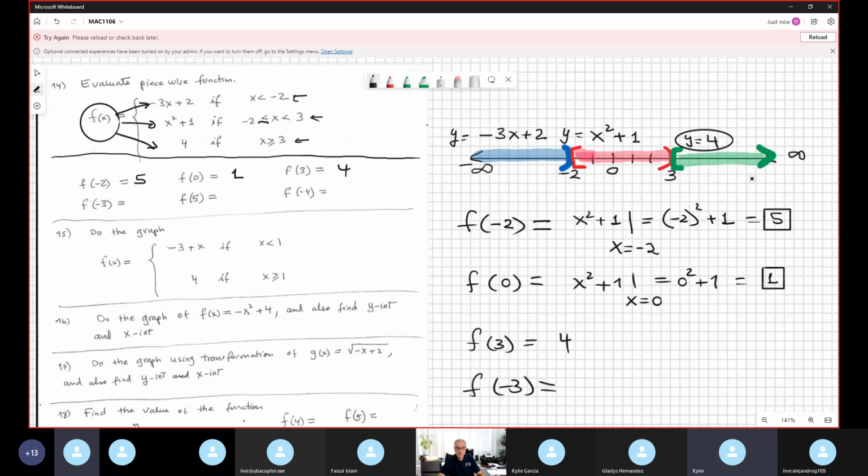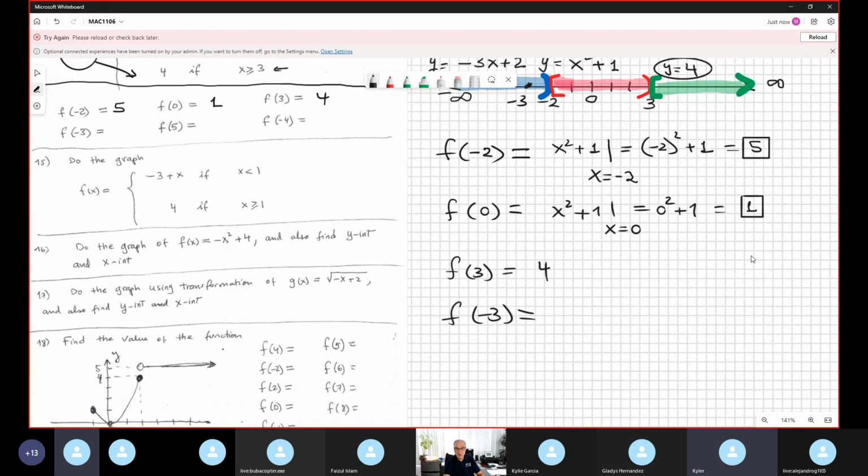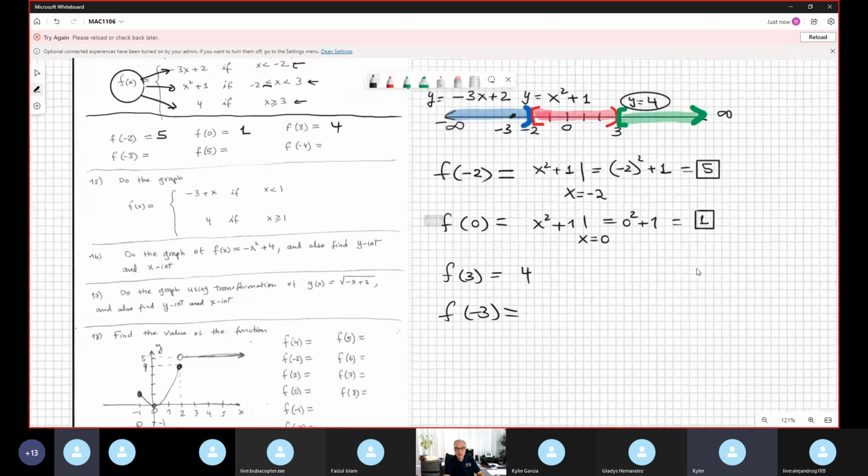Negative 3 is blue, red, green? Come on, help me. Negative 3 is here. Blue. Blue, very well. Use selection. The expression that corresponds with this interval, which is minus 3x plus 2.